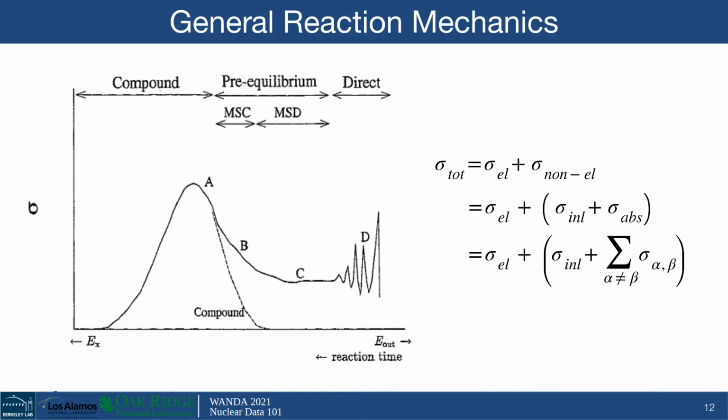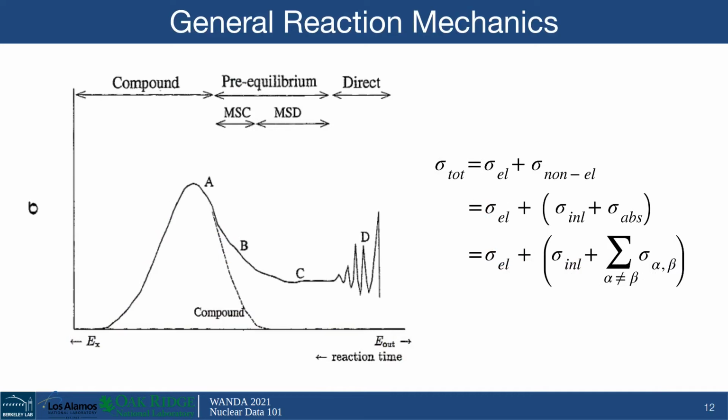Calculation of the direct reaction channel cross-sections are typically performed using either a distorted wave Born approximation or a coupled channels reaction modeling approach. These will not be the subject of much focus in this talk, as the energies for direct reactions are typically far above those used in isotope production, but the listener is encouraged to read more to satisfy their own curiosity.